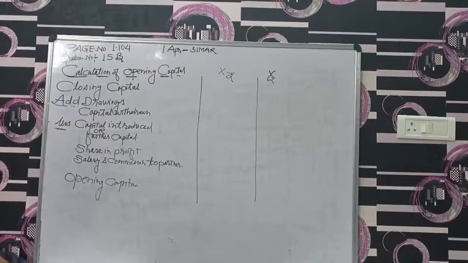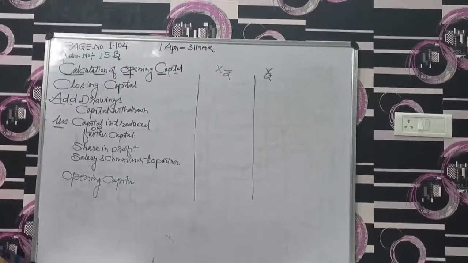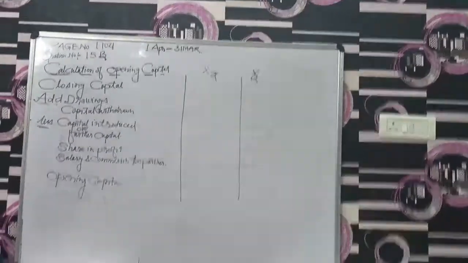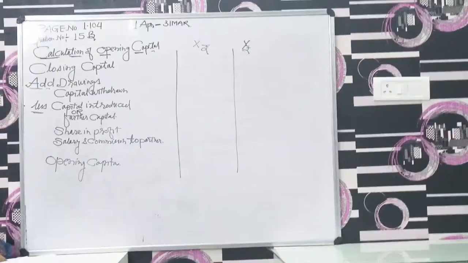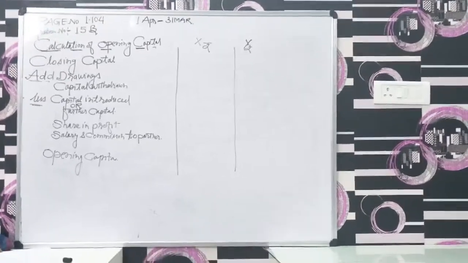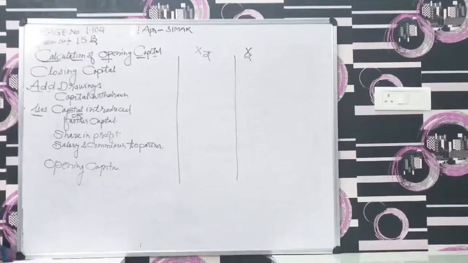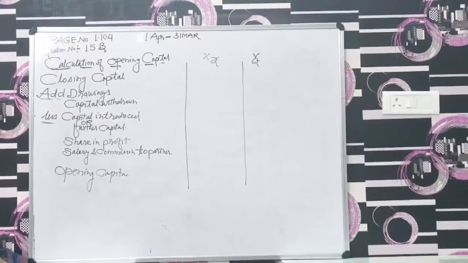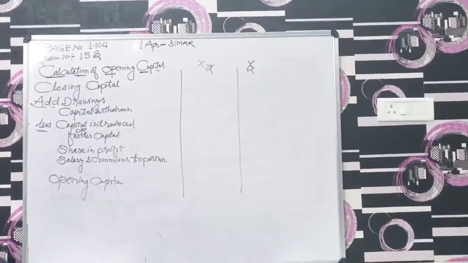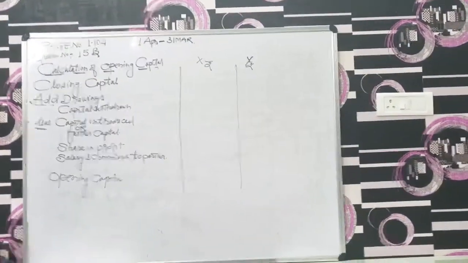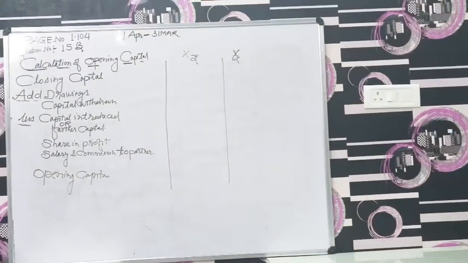X and Y, two partners, their profit sharing ratio is 1:1. Their capitals for the year ended 31st March 2019 were rupees 3 lakh and 2 lakh respectively. During the year, X withdrew 60,000 and Y withdrew 40,000.